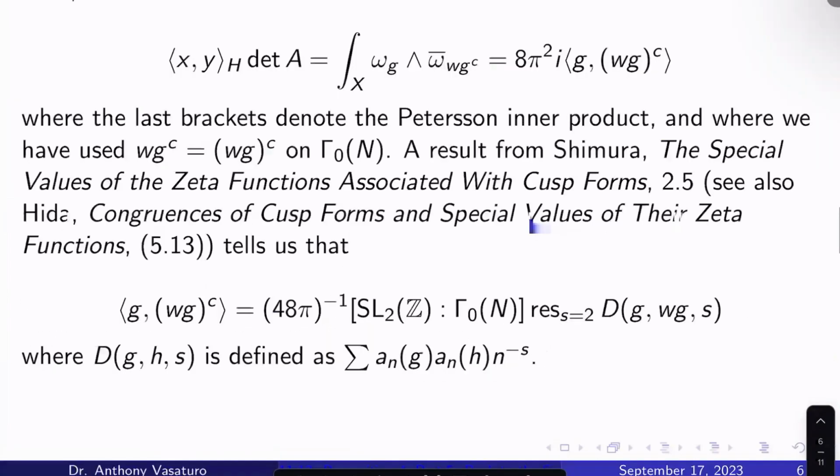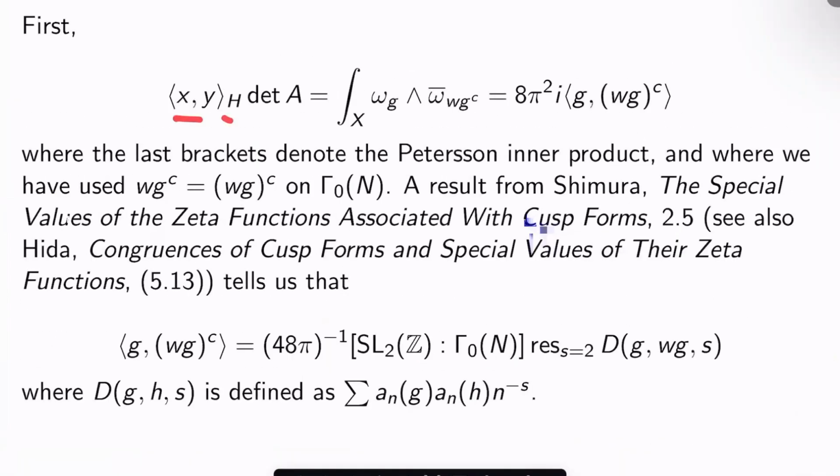First, bracket xy sub h times the determinant of A is the integral over the modular curve x of omega sub g wedge omega bar wg to the c, where I will describe all missing pieces in a second, but this ends up just being 8 pi squared I times bracket gwg to the c. What are these last brackets here? They are the Peterson inner product from chapter 3.